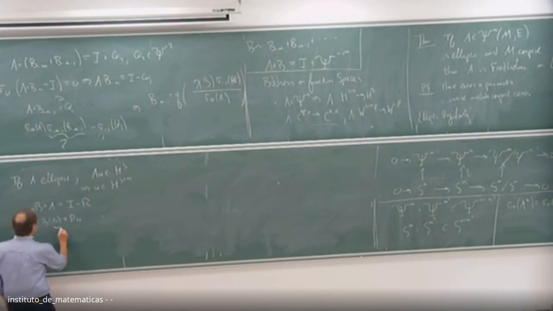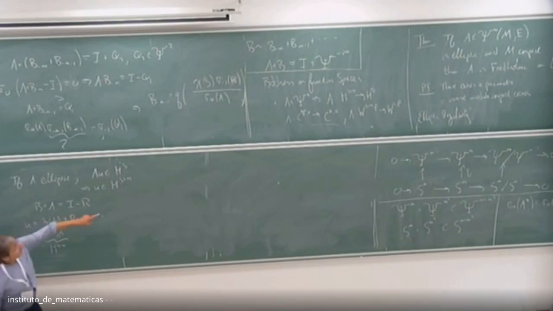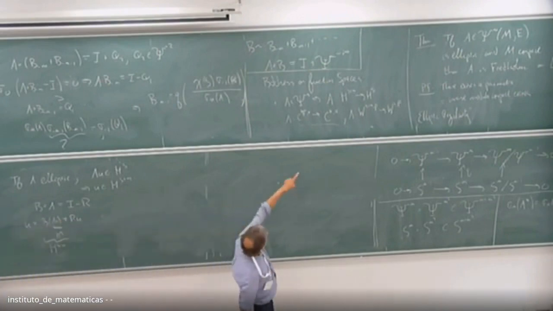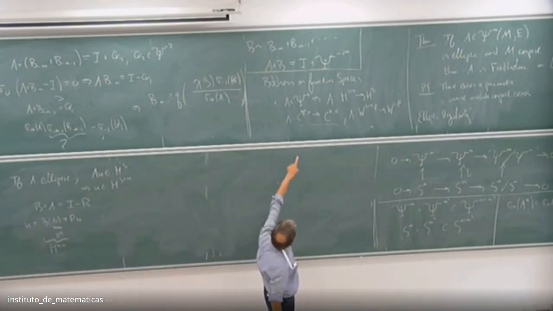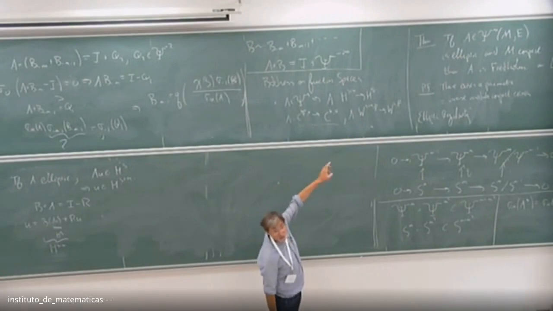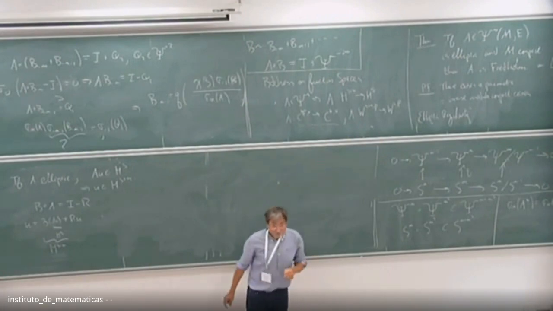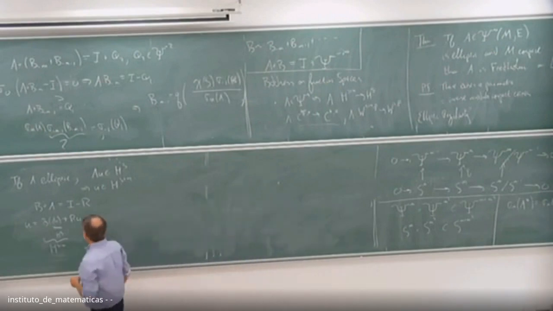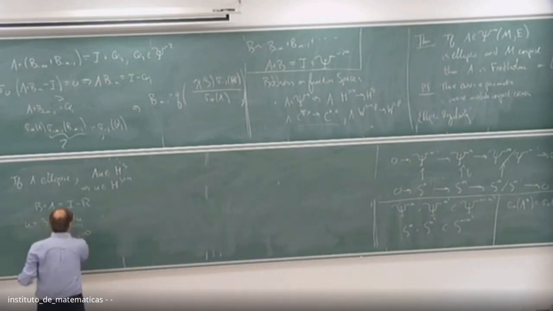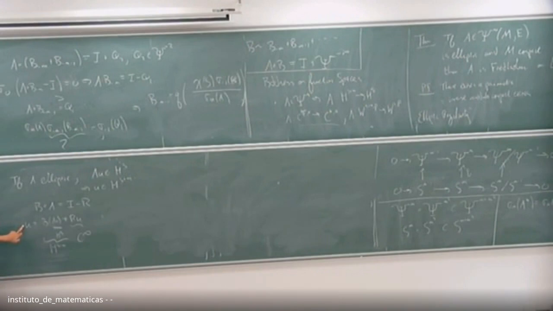This guy is in H^s, so this whole thing is in H^(s+m), because B is of order minus m, and I have this boundedness: if B is of order minus m, then it maps H^(s-m) to H^s, or H^s to H^(s+m). It smooths you out. This guy is smooth. So that means that u is in H^(s+m). That's it. That's elliptic regularity.